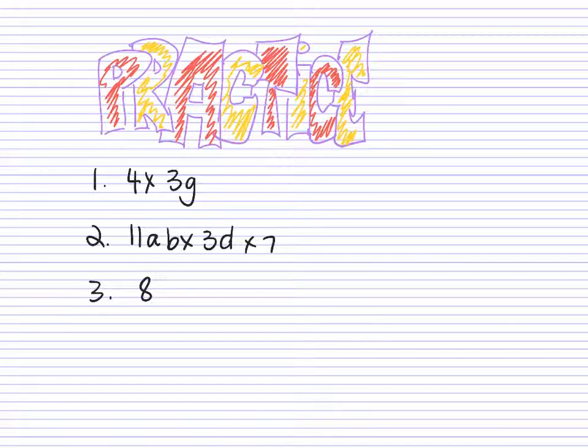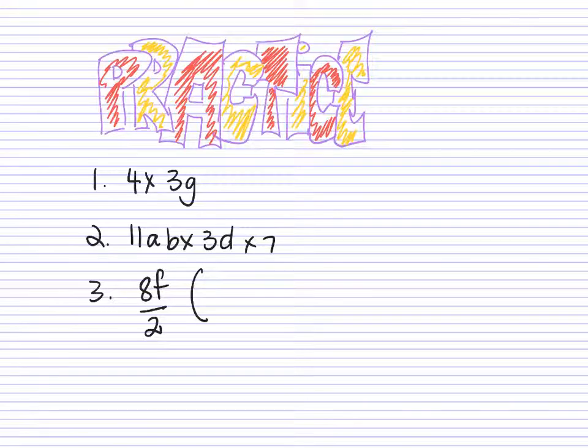Okay, so let's have some practice. Number 1, let's do 4 times 3g. Number 2, let's go 11ab times 3d times 7. Number 3, let's do 8f divided by 2.